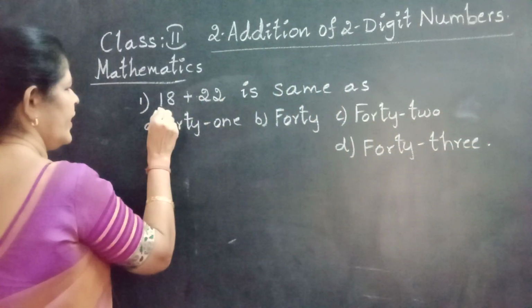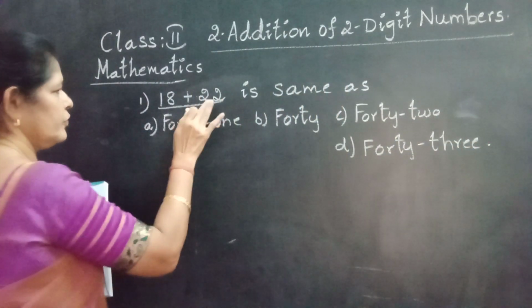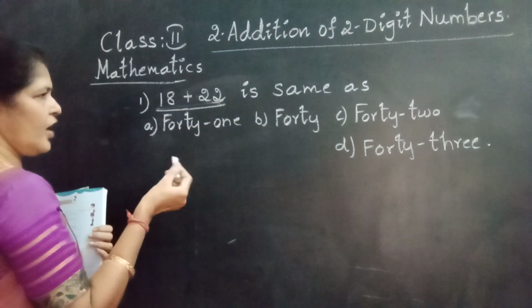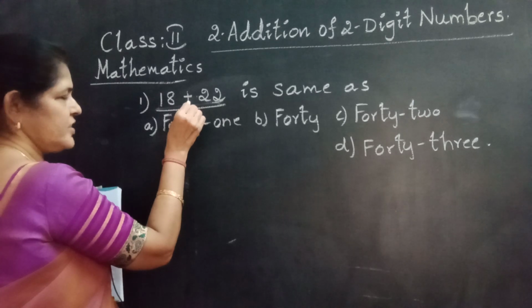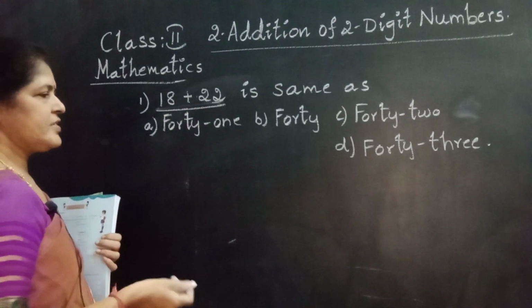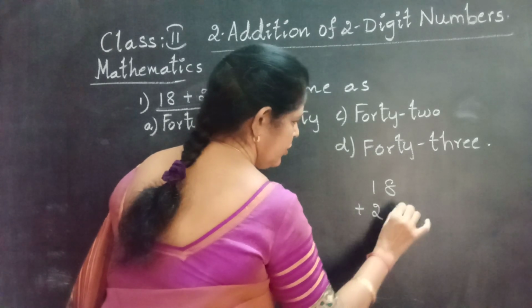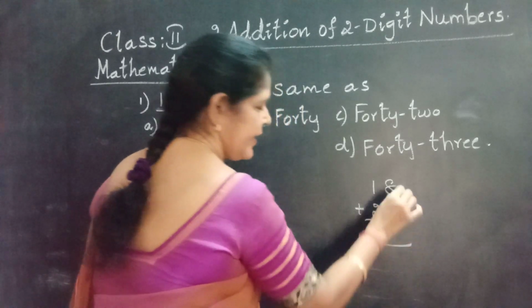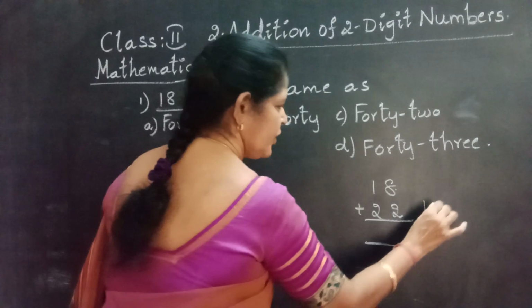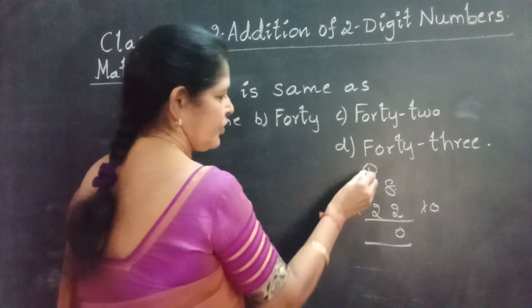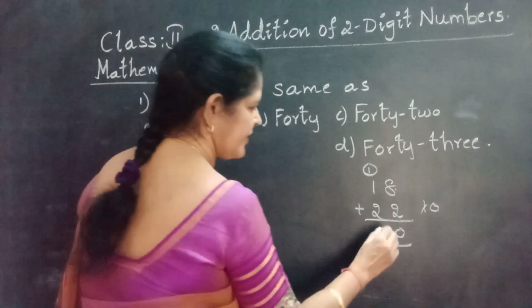Okay? Come on, see. 18 plus 22. We need to find out the total. Plus means addition. That means 18 plus 22. Do rough work aside. 8 plus 2, 10. Two digit number. 0, 1 carry. 1 plus 1, 2. 2 plus 2, 4.